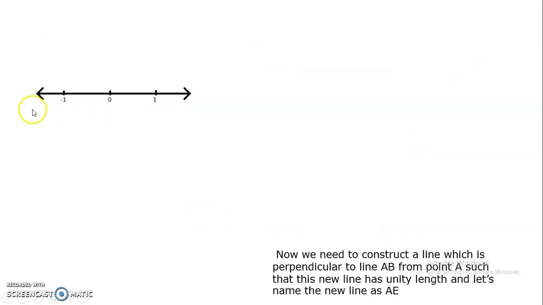First we have to make this number line with 0 as the center, 1 and -1 points on the number line. Second, we have to make the perpendicular from this one point. Okay, and then we have to join this 0 with the end point and name the triangle as ABC.